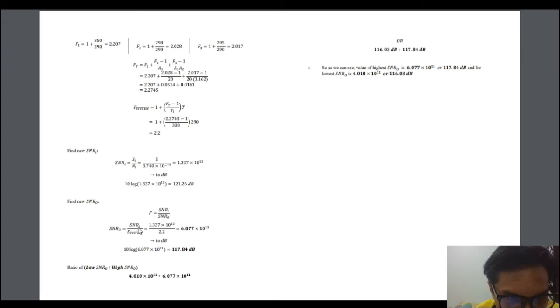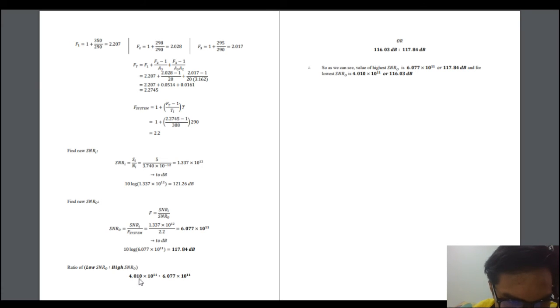SNR output is equal to SNR input divided by the F system, and we get 6.077 multiplied by 10 to the power of 11, which in dB is 117.84 dB. So the lower output is our first calculation, and the higher output is our new arrangement.